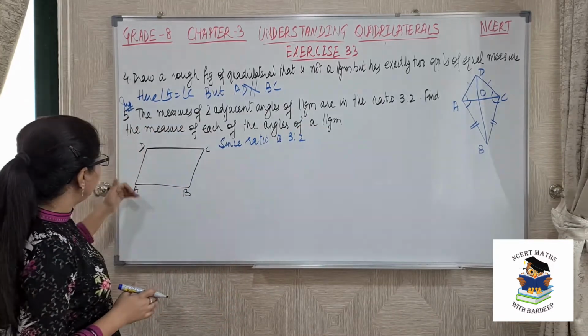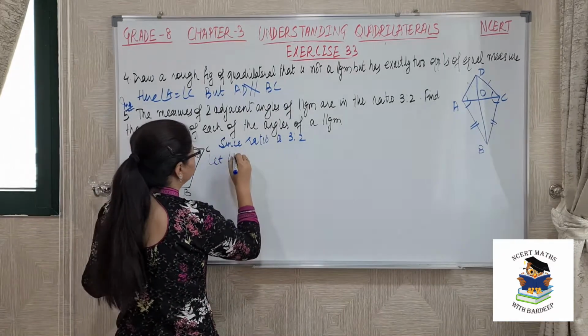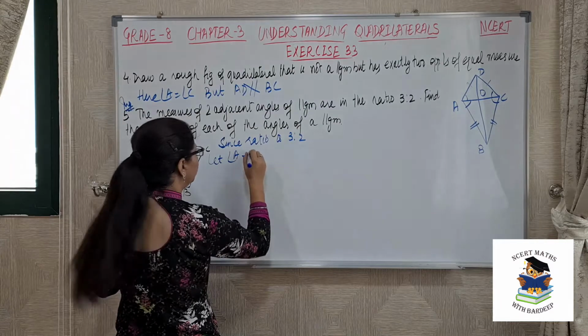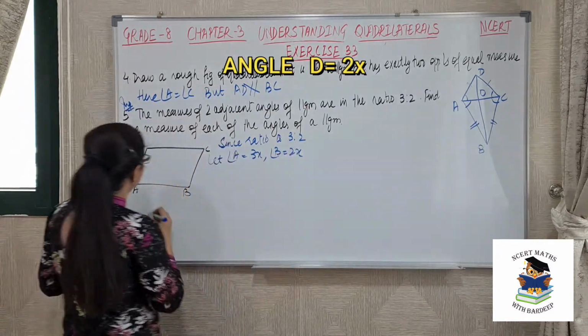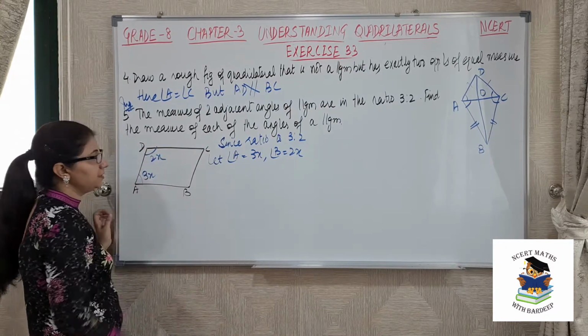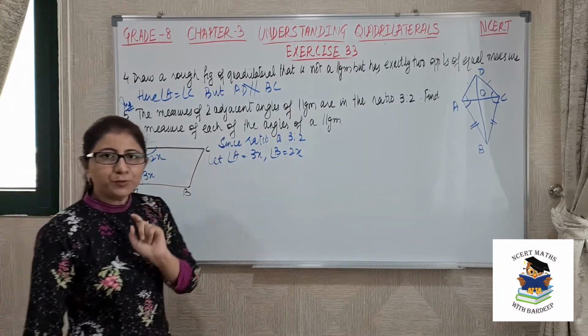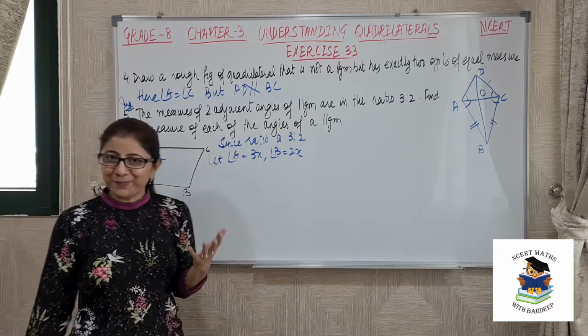Let's assume I am taking A and D. So we will say let angle A is equal to 3x and angle D is equal to 2x. We will mark it here, A as 3x, D as 2x. Now which property is to be used? These adjacent angles are supplementary.